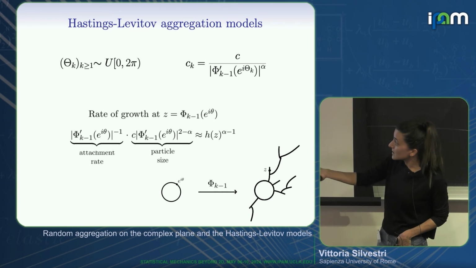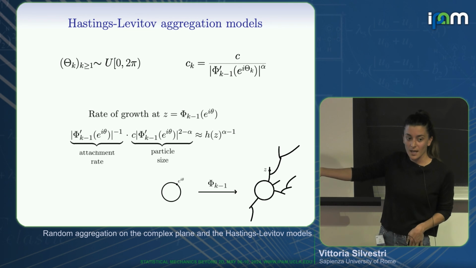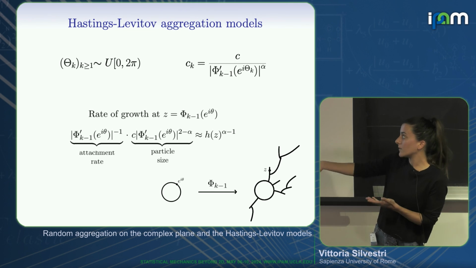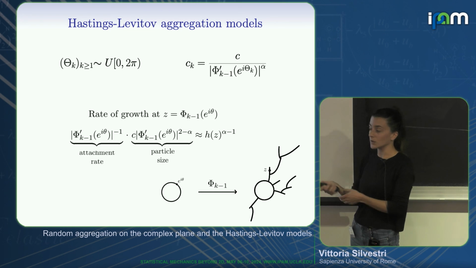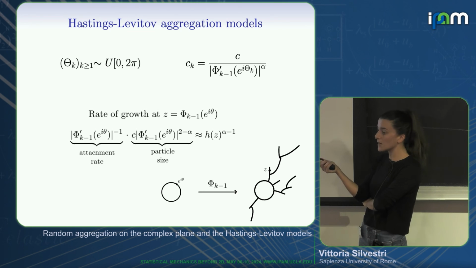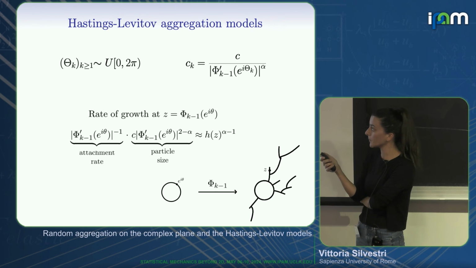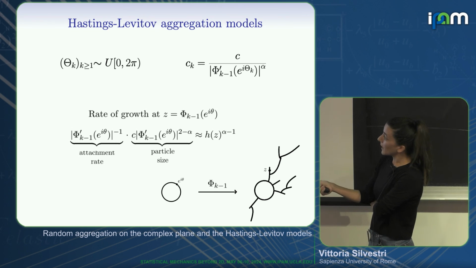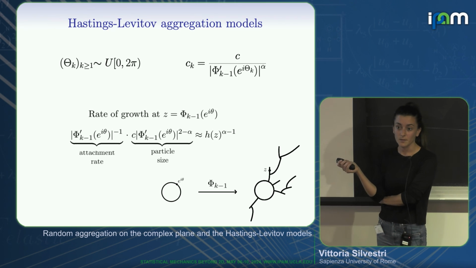And then the particle size is, well, if we take alpha equals 2, it's just C, some constant, that's the DLA regime. But if you have a general alpha here, it will be C times this factor to the 2 minus alpha. So the 2 is the conformal distortion, and the minus alpha is the factor you introduce to compensate for it. And so if you just multiply, the exponents sum up, and you get the harmonic measure at Z raised to the power alpha minus 1.